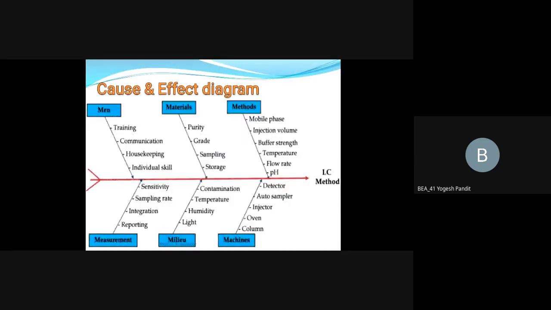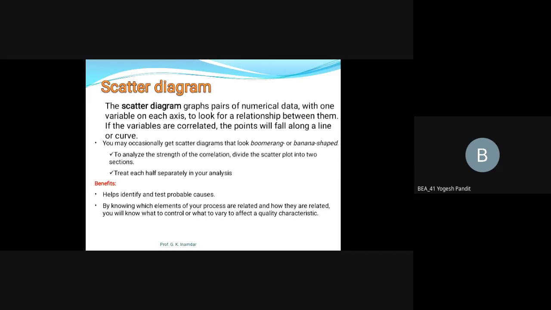We can say that. Scatter diagram. The scatter diagram is also one of the tools. A scatter diagram graphs pairs of numerical data, with one variable on each axis, to look for a relationship between them. Where relative data is there, we have to find out whether average type of data is there. One better example is share market charts.